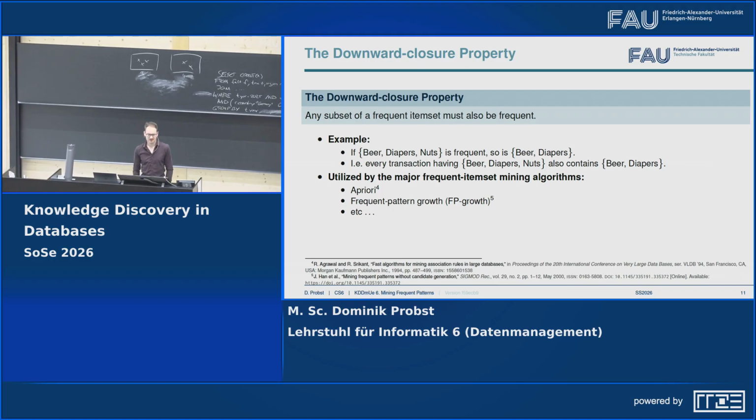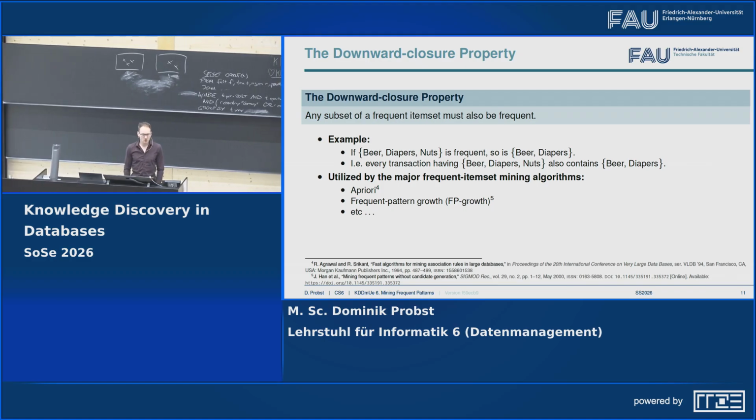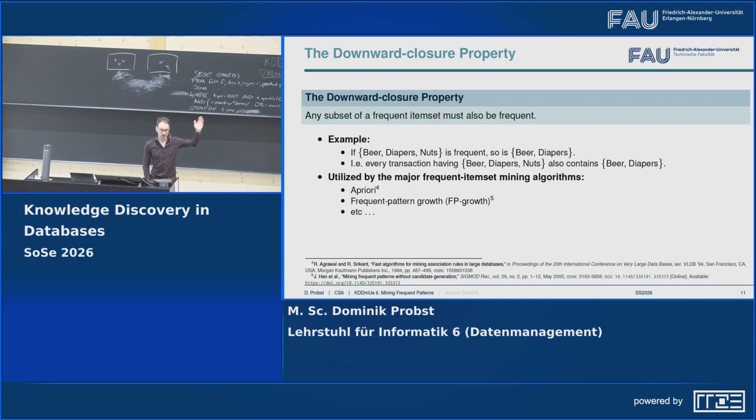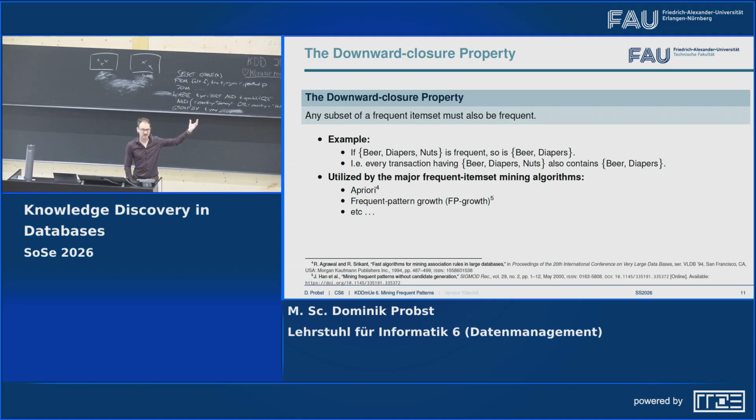Since we know that beer and diapers is frequent in our little example, we of course always know that beer and diapers as 1 item sets also have to be frequent.